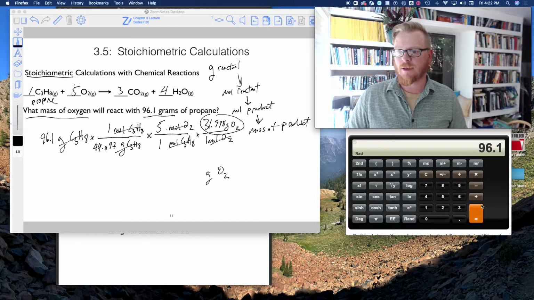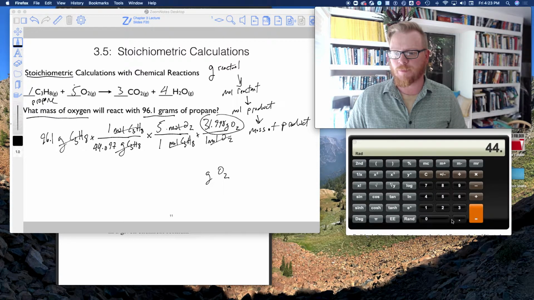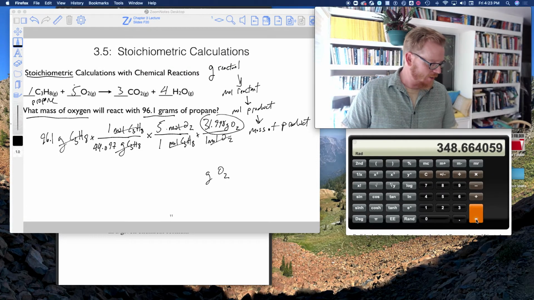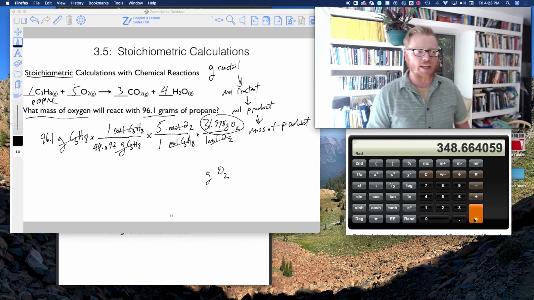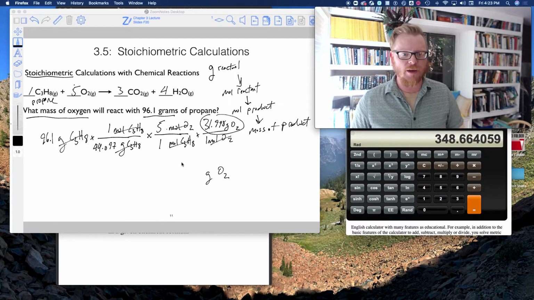Okay, equals, times 5 equals, times 31.998 equals. Now I'm just going to keep that number in there, and I'm just going to say divided by 44.097 equals. And let's see, I don't have any other numbers to worry about here, okay?